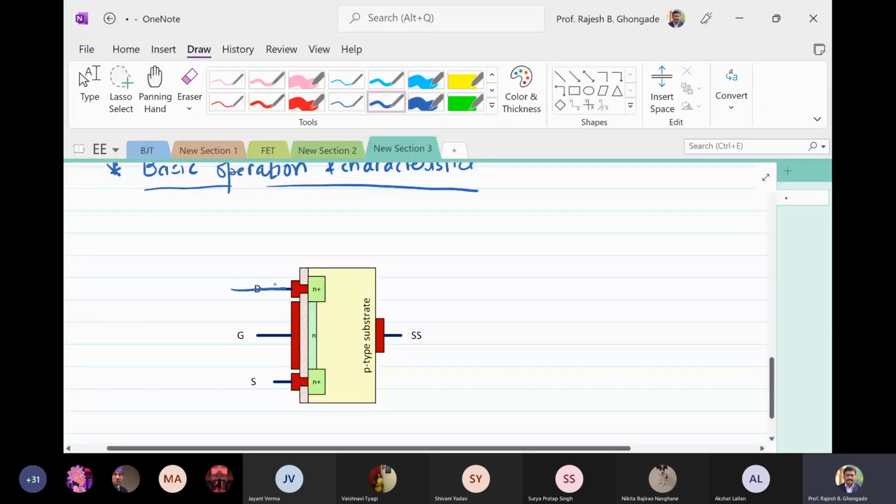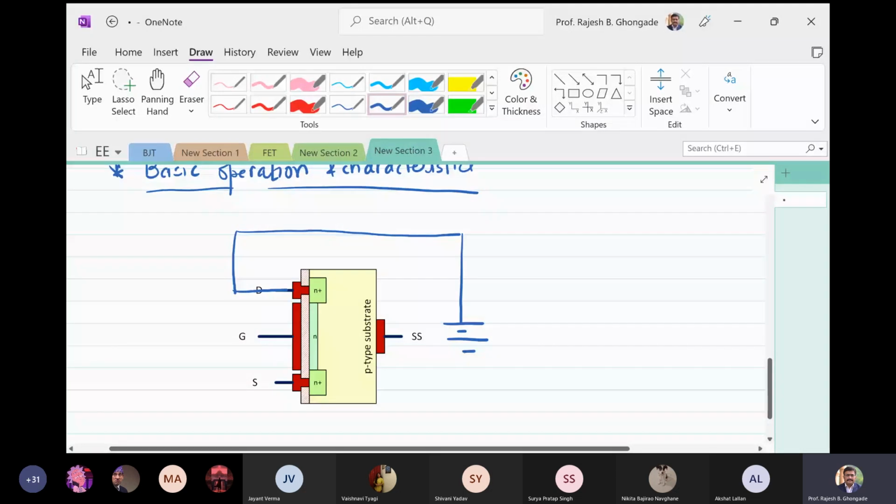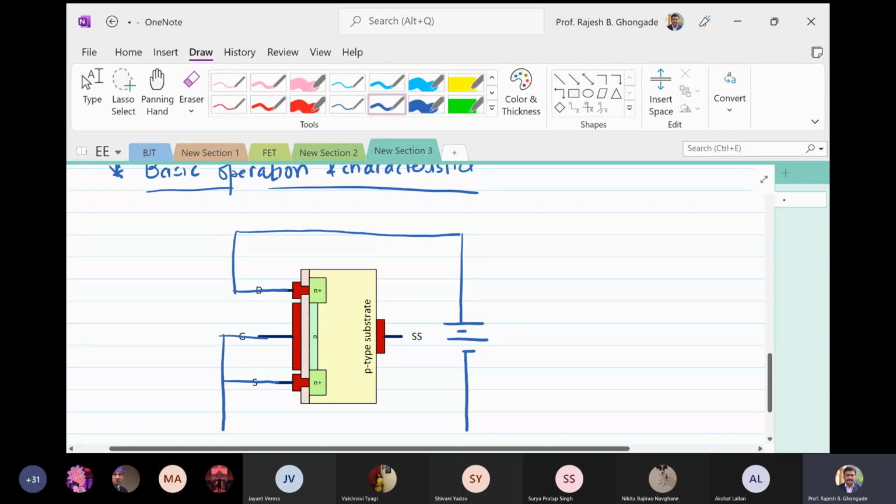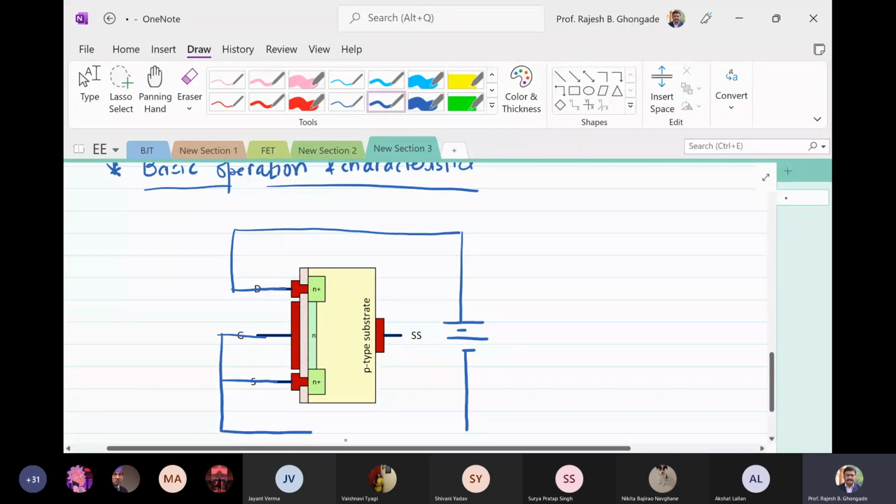So I'm going to connect it like this. Gate and source I'm going to short. Okay.